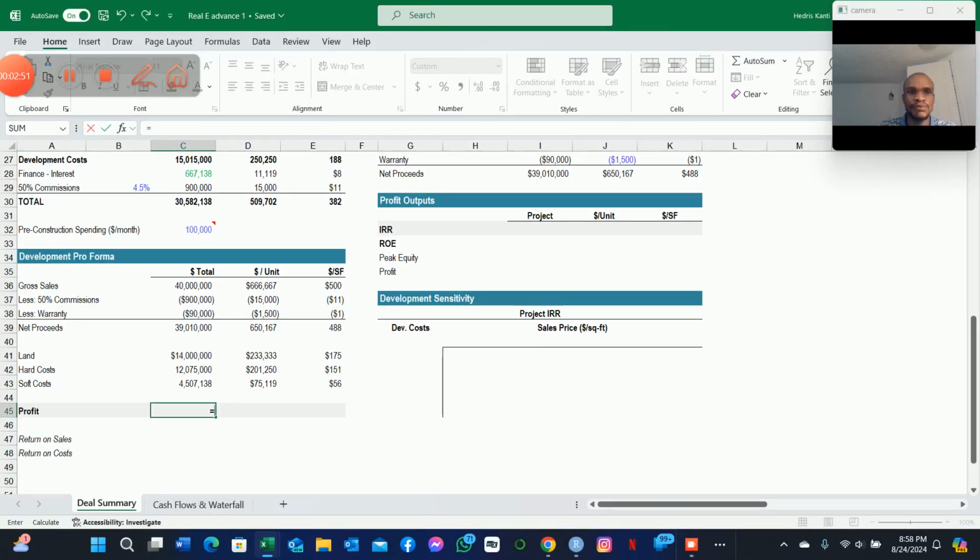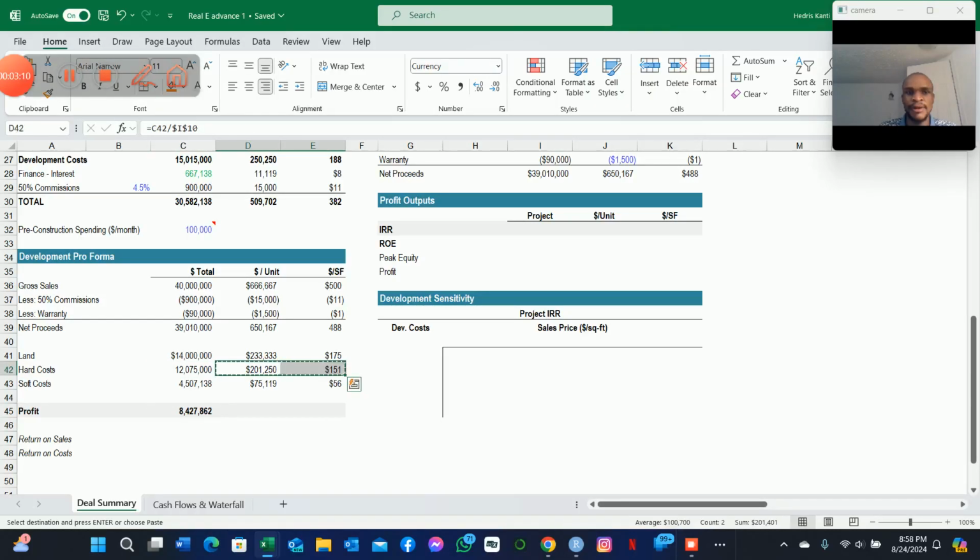So the profit is going to be equal to the net proceeds plus the sum when we deduct this other cost here. So we take that, and then we can now borrow this formula on ESF, and it gives us the profit of approximately $9 million.